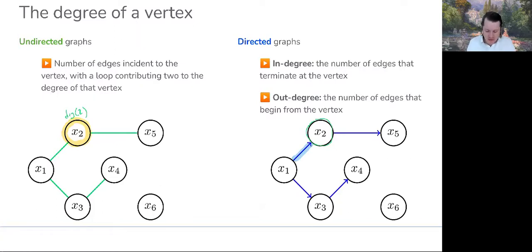And then we'll go ahead and define the out degree as the number of edges that begin from that vertex. So in the case of x2, we see a single outbound edge that is moving from x2 to x5. So we would say that the out degree in this case is going to be 1 as well. We have one edge coming inbound, one edge going outbound. So there we go.